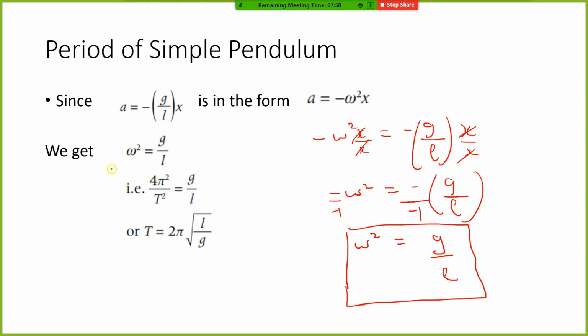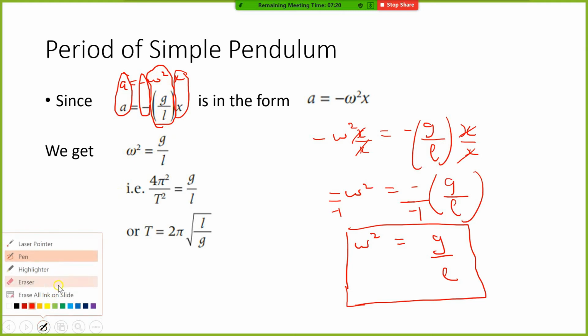So we could put the equations on top of each other. a is equal to minus omega squared times x, just like that. We're essentially saying that this corresponds to this. Minus corresponds to minus, a corresponds to a. So at the end of the day, what we're left with is omega squared is equal to g upon L. Comprende?